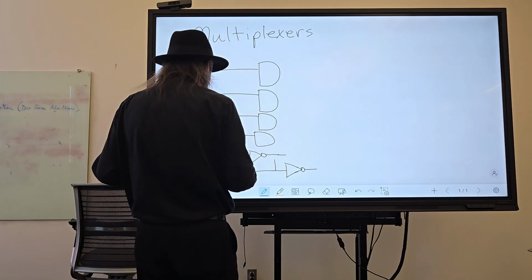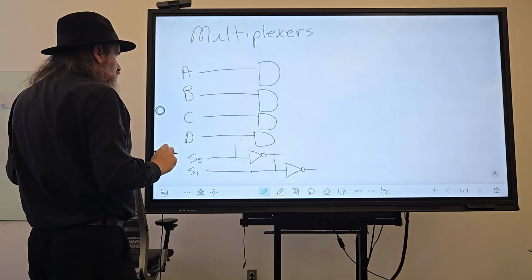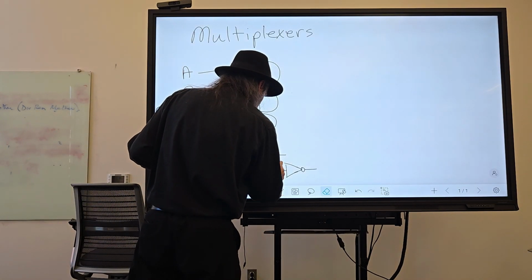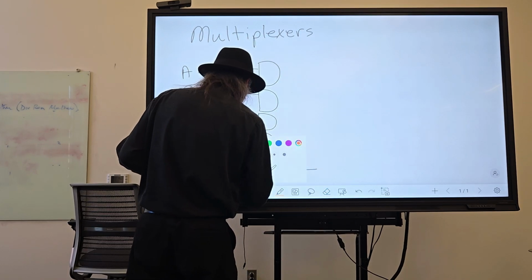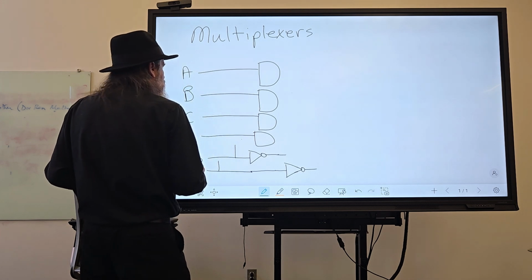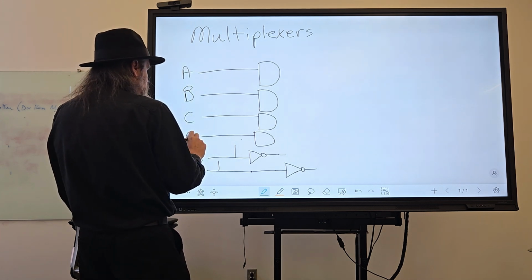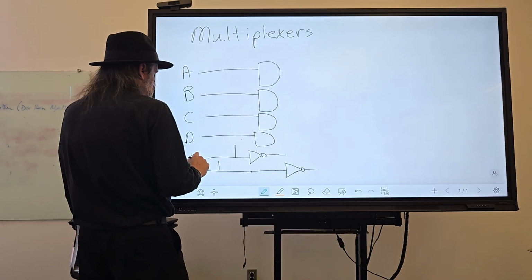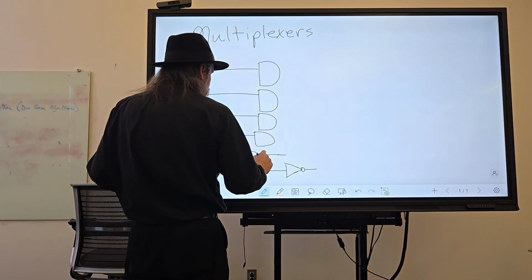Let's see here. A would be with S0 and S1 being low.